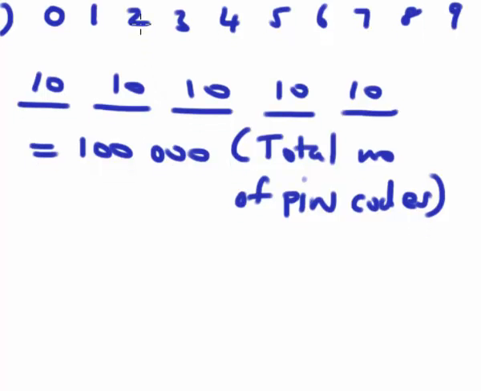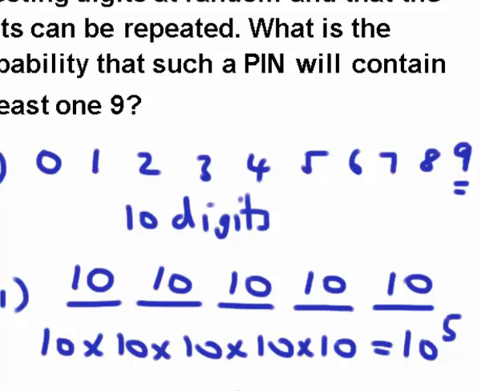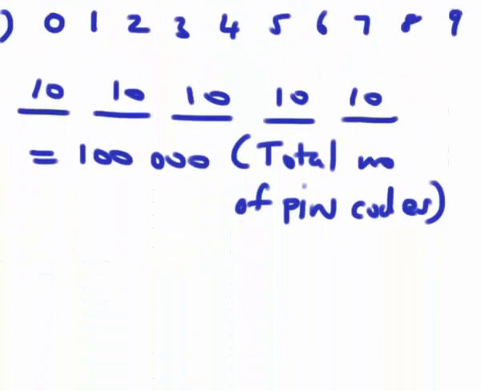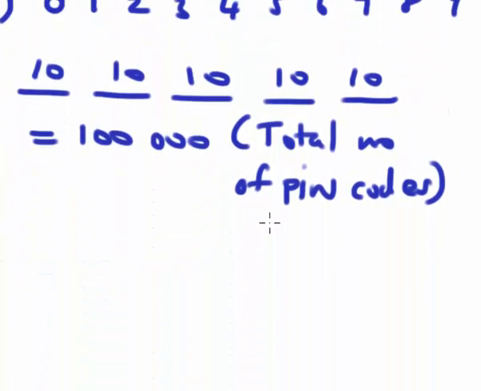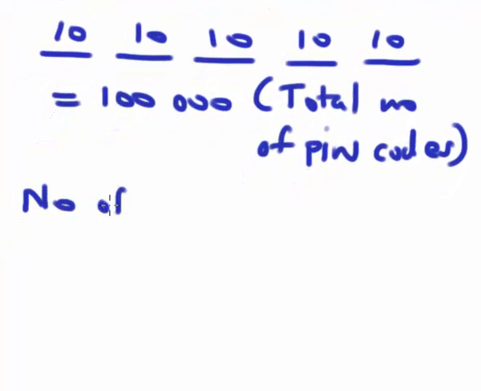Now we want a code that's going to contain at least one 9. So any code that we want to select must have a 9 in. So we've got 100,000 total possible PIN codes available to us that would have a 9 in or won't have a 9 in.